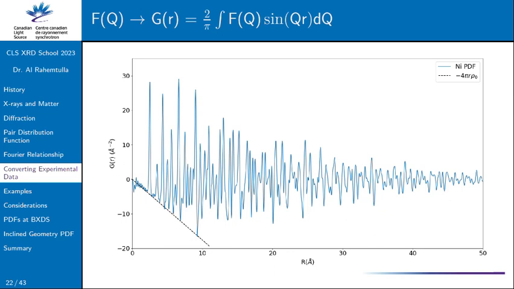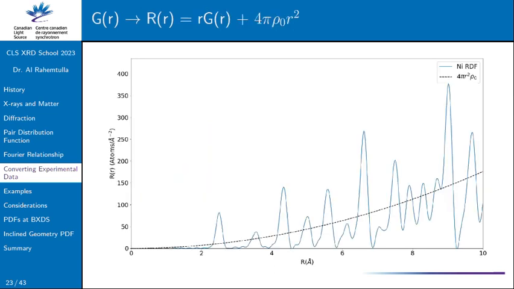So you can start getting density information from your material just from that downward slope. Using that, we can then convert to get a radial distribution function where we can see how it follows the trend for a completely uncorrelated material. At that point, those are the steps you need to construct PDFs and RDFs.